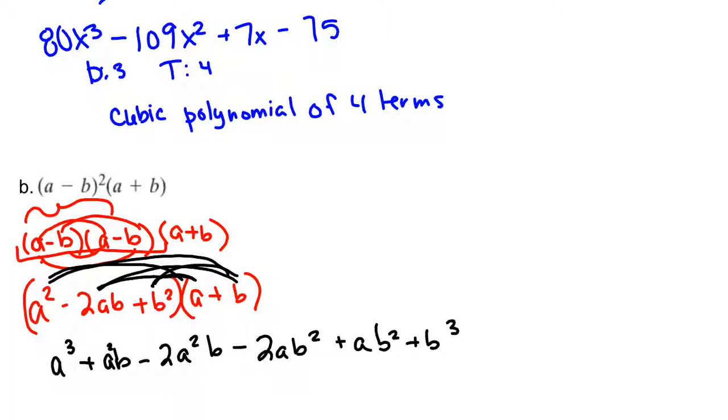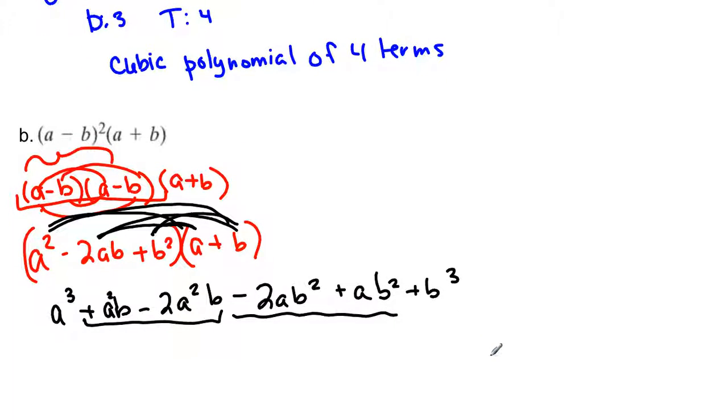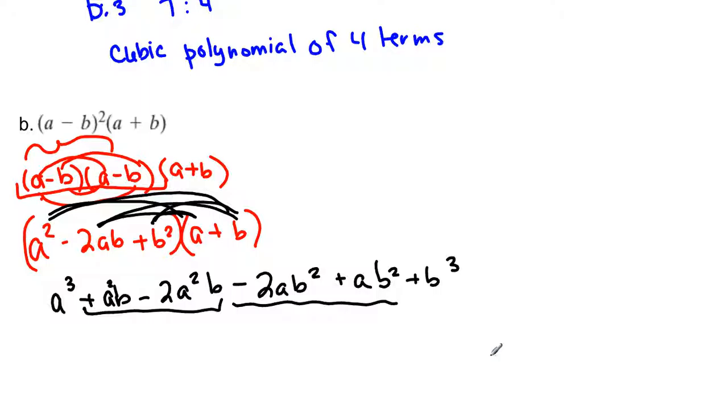All right, so now we need to go through and simplify them. a cubed is considered your leading term. So that means we're going to simplify in decreasing degrees of the a's. So a cubed, a squared, a to the first, and then a to the 0. That is the standard acceptable form for this.